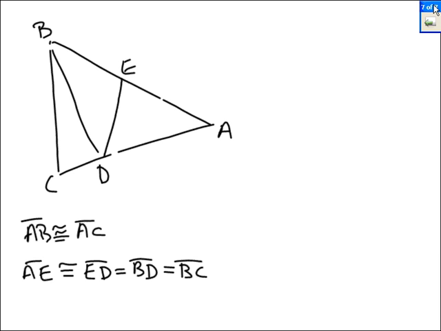So whether the picture looks like it or not, AE, ED, BD, and BC, they're all equal.